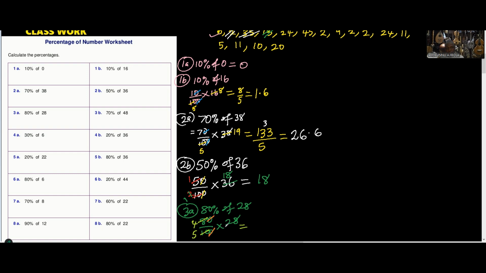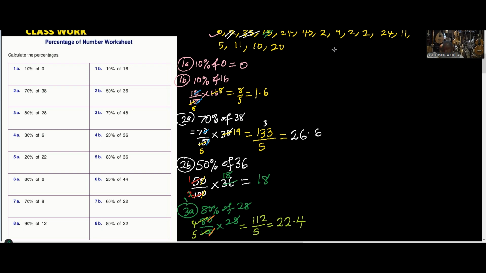So all I have left is 4 times 28, or 28 times 4. And that is 112, then divided by the 5 at the bottom. So how many 5s in 11? That is 2, remainder 1. How many 5s in 12? That's also 2, remainder 2. How many 5s in 20? That's 4. Is this clear to you? Yes. Good.